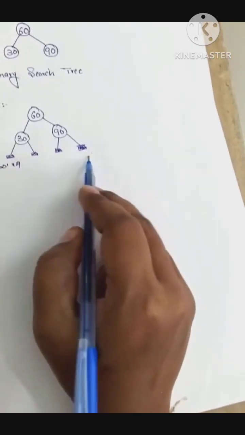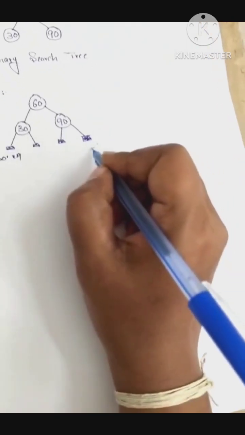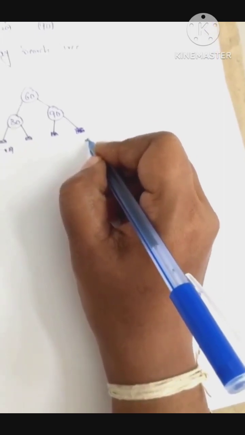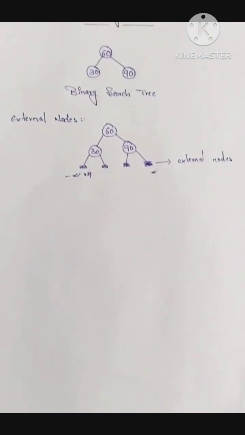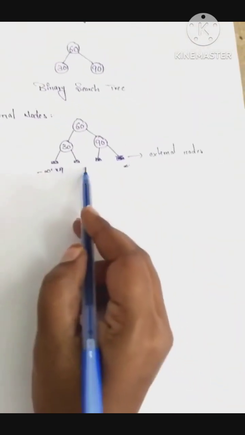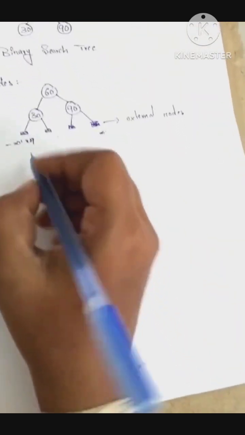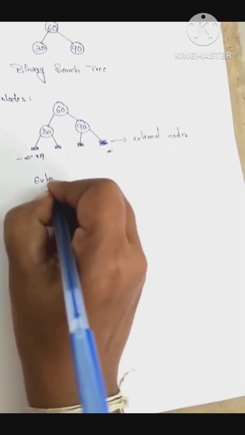And the values greater than 90 lie here, up to infinity. A binary search tree that has external nodes is called an extended binary search tree.